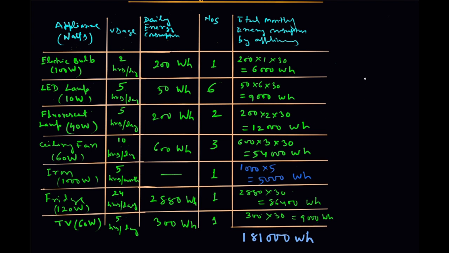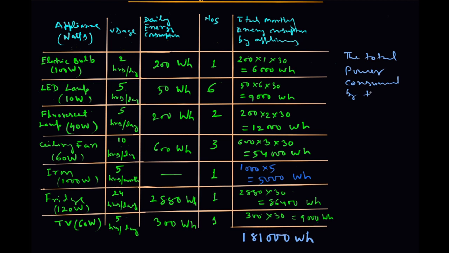Let us write it here. The total power consumed by this house is equal to 181,000 watt hour. If it is divided by 1000, we get kilowatt hour.